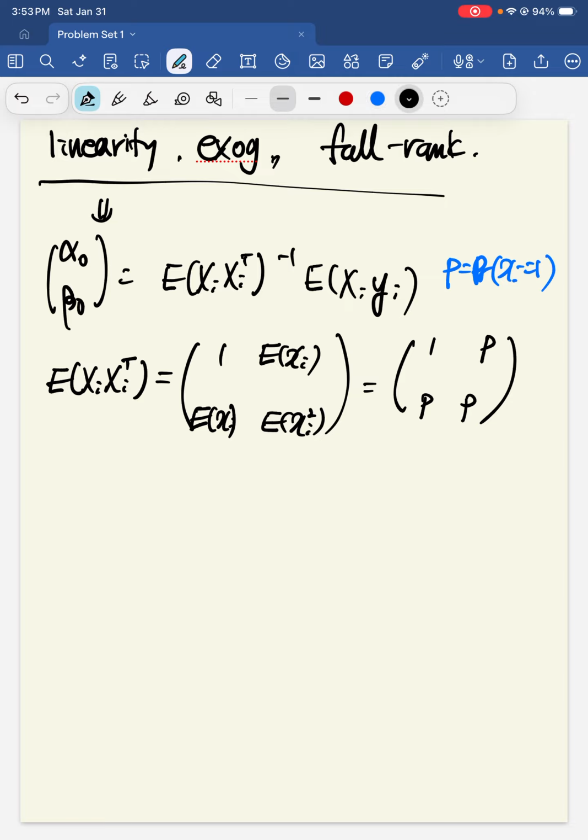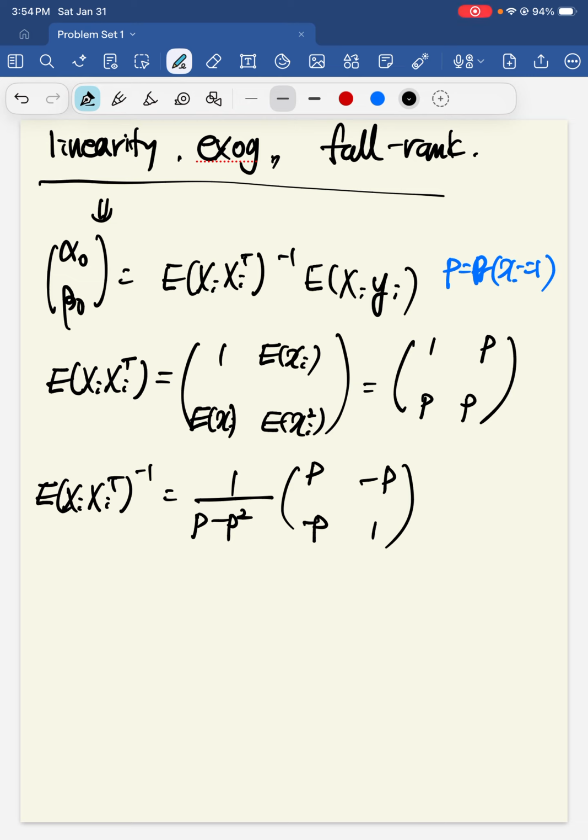And then we need its inverse. Its inverse is 1 over P minus P squared in the denominator, and I learned it in high school still. I believe this is the inverse, the 2 by 2 matrix inverse. I'm not sure if it's right.